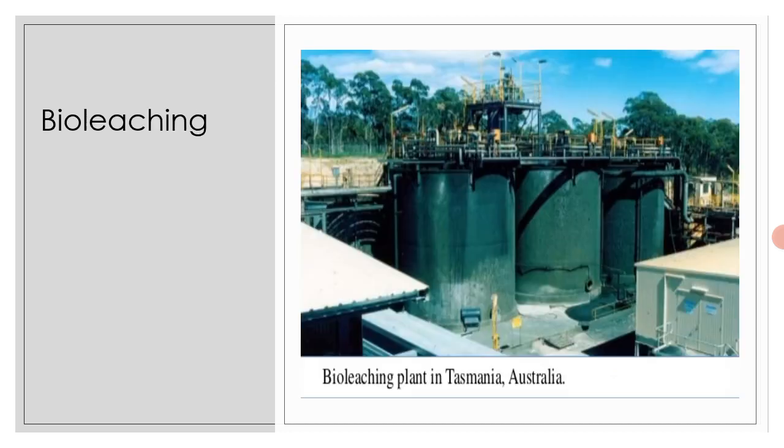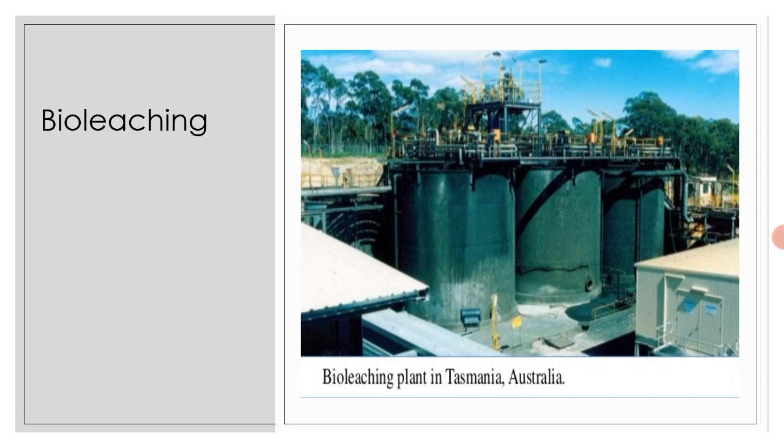Next we will see the bioleaching unit. In this picture, as you can see, there is a bioleaching plant in Tasmania, Australia. Like this, there are large bioleaching plants in different parts of different countries, and this leaching can take place within 4 months and can extend up to 12 months.